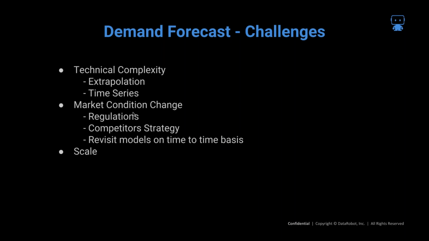Imagine you have a store and your competitor opens another store close to you. That's going to change things. So that means you always need to revisit your models from time to time, and build a new model to capture the changing market condition.